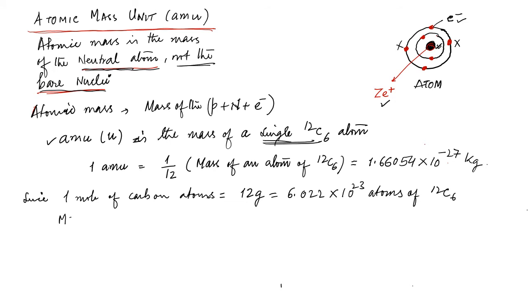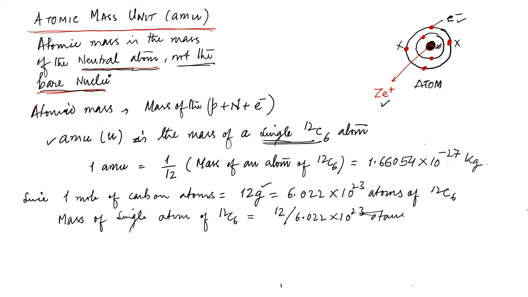So now from here we can know the mass of a single atom of carbon-12, which is equal to 12 divided by 6.022 into 10 to the power 23.